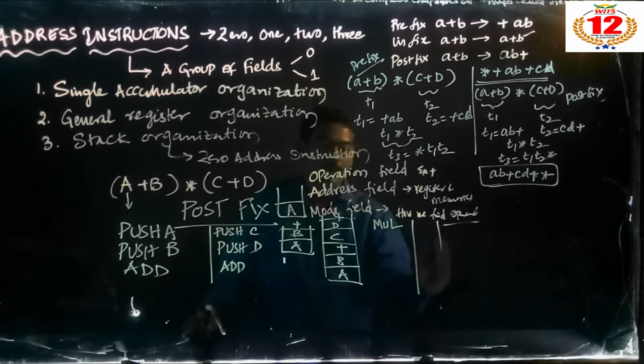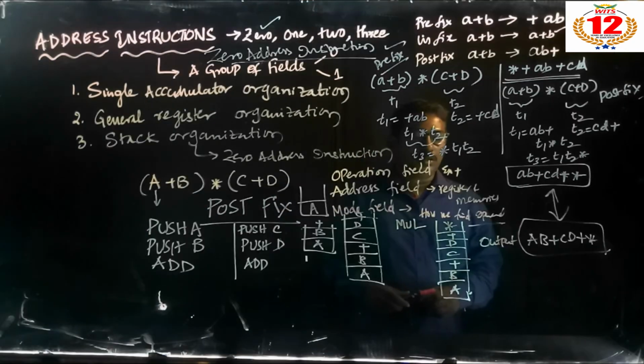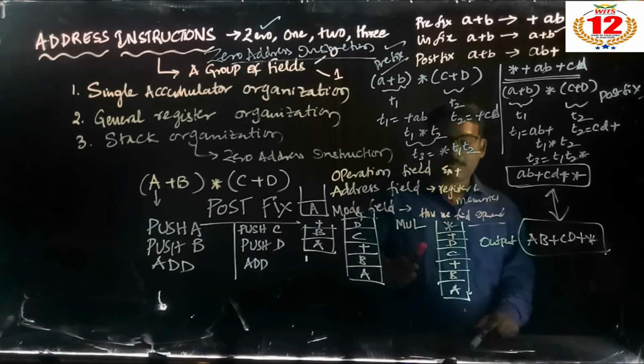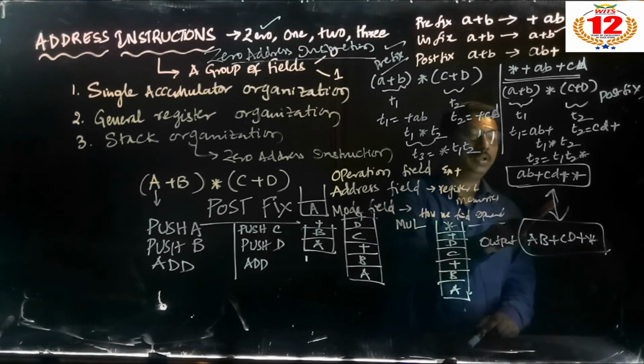So the output will be like this: A, B plus C, D plus asterisk. That is of mul. So output is A, B plus C, D plus asterisk, as same as previously did.